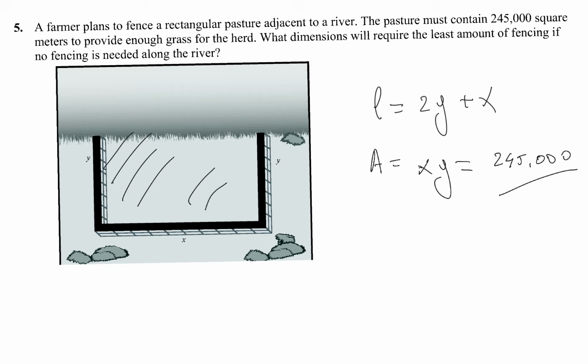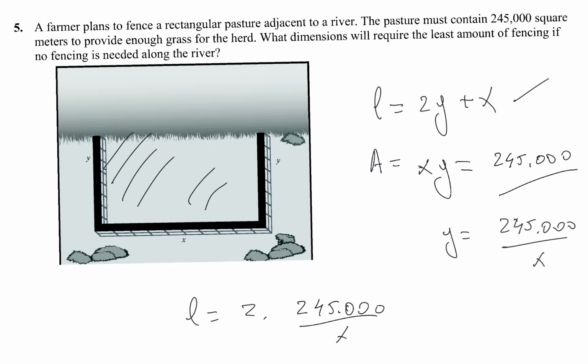What you minimize is the amount of fence. So from the second equation, I have y equals 245,000 divided by x. So the length is 2y, or 2 times 245,000 divided by x, plus x.